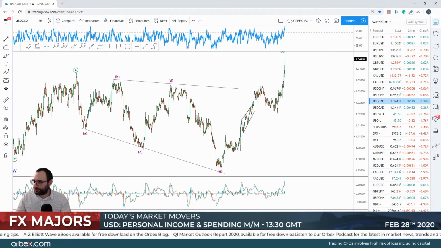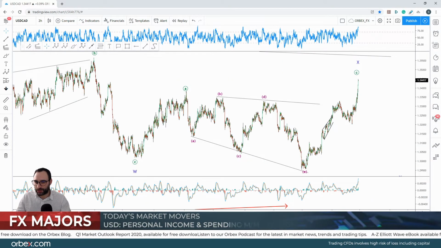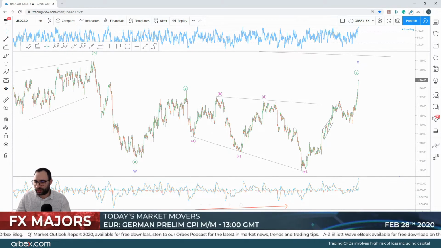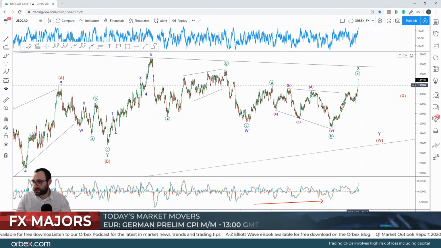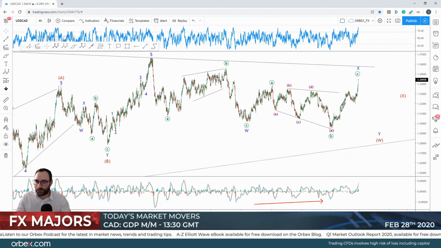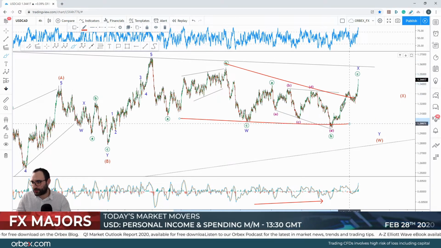The dollar CAD is also very interesting. I've changed actually my view over here because, let me go out and far, because we haven't talked about this, I haven't looked at it for a while, and because we've seen this move to the upside actually. So what I did, I'm still remaining in the medium term bearish. However, now what I did, I was looking at this as a triangle pattern.